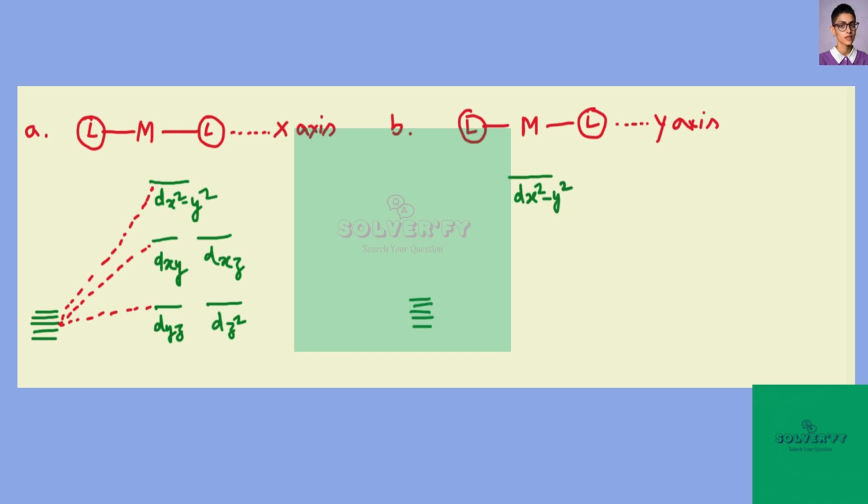This is along the y-axis, so the repulsion is maximum in this case and the energy will be highest. After that, there should be 2 orbitals where y is present. Because they are closer to the y-axis, the repulsion will be slightly lesser here, and that is why the energy is also less. So here it is dxy and dyz.